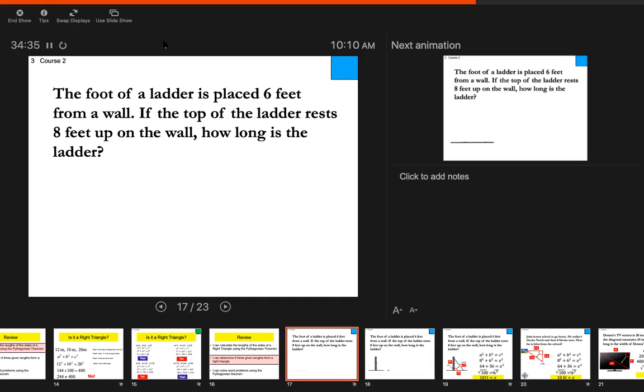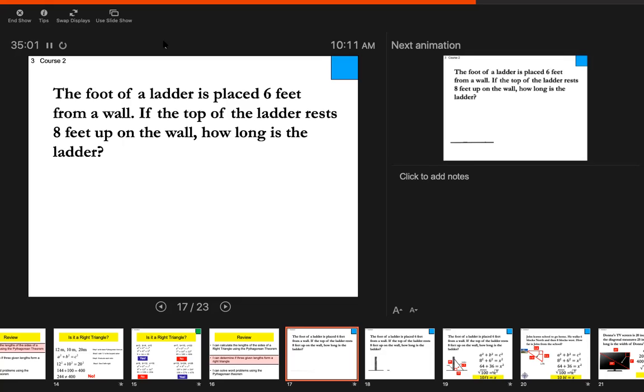I keep it every year because you see it all the time. The two favorite ones either involve a ladder or a shadow. There's another one that involves a kite, but all of these problems are exactly the same. You're going to have two things, they're going to make a triangle, and you have to calculate one of the sides of the triangle.